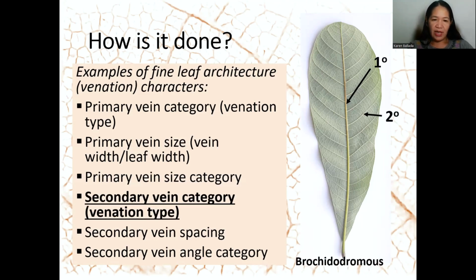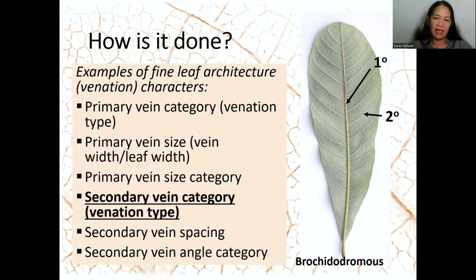Okay, and then next we have the secondary vein category or the venation type. We just need to observe the secondary veins. These are the next major veins that originate from the primary vein. You have there in the illustration the secondary veins, or simply secondaries.